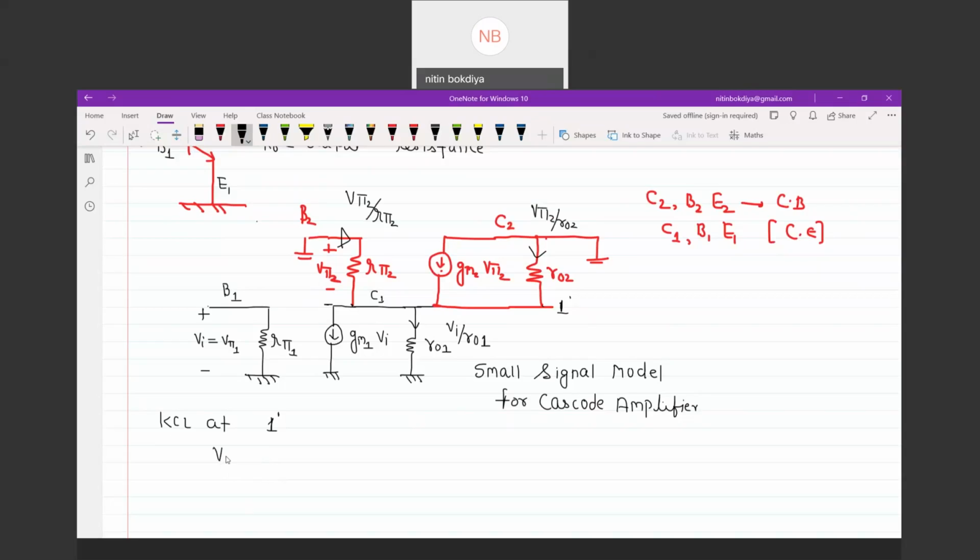So V pi 2 divided by R pi 2 plus GM2 into V pi 2 plus V pi 2 divided by R02 is equivalent to, these three currents are incoming to the node and two currents are outgoing, GM1 into V pi 1 plus V pi 1 divided by R01. This is the KCL at 1 prime.